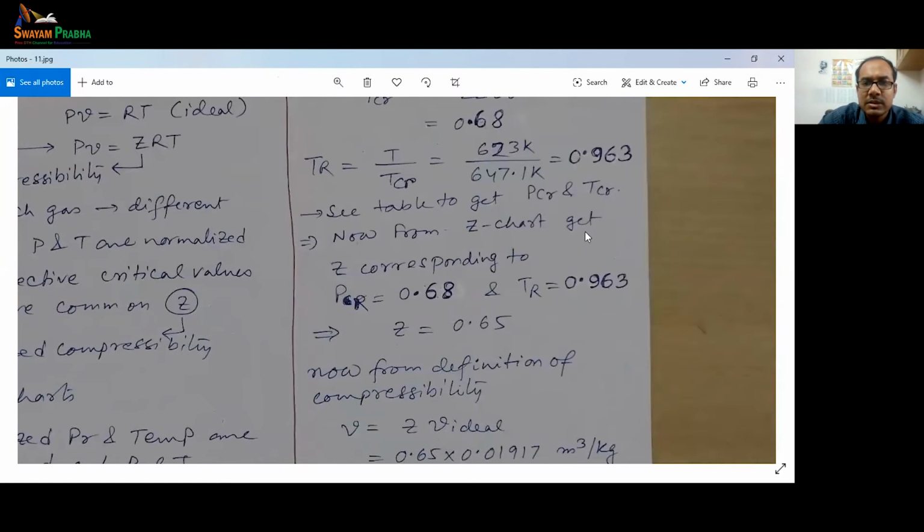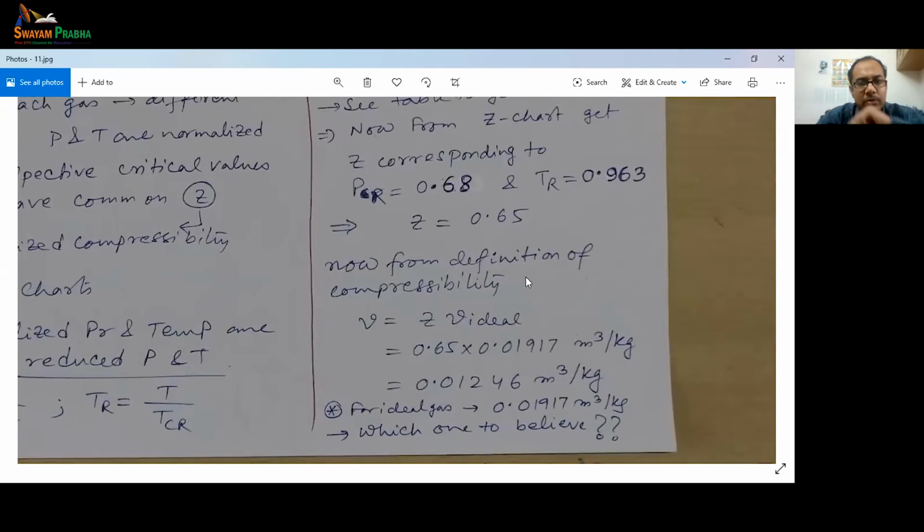Now go back to this Z chart. As we have seen, this Z chart will give us the compressibility factor corresponding to this PR 0.68 and TR 0.963. So Z you can look up to be 0.65. I am not going back to the chart, but you can go and read this value, 0.65.